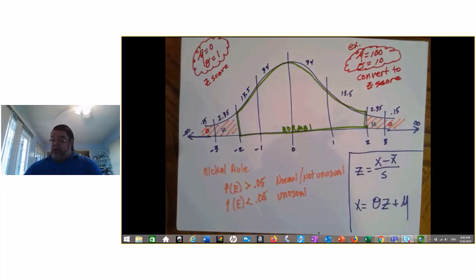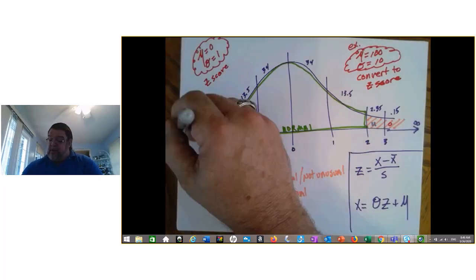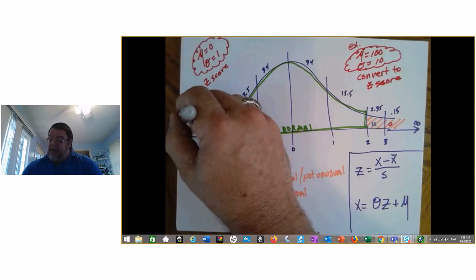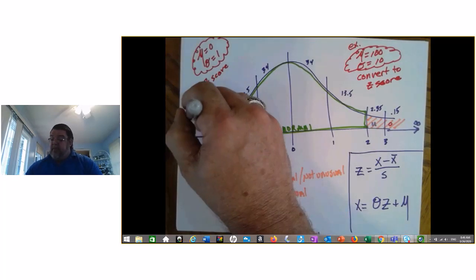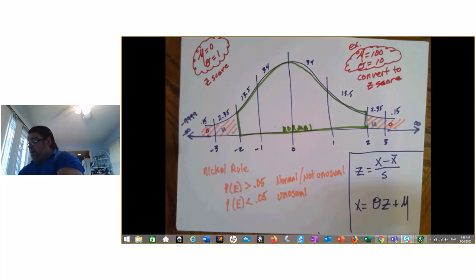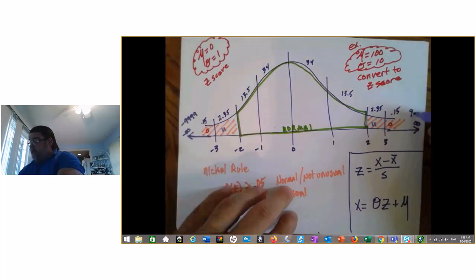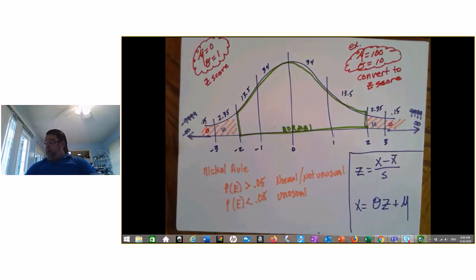So instead of infinity, we're going to use negative 9999 and positive 9999. Put that on there too. And that's what you're going to use in your calculator, instead of negative infinity and positive infinity.